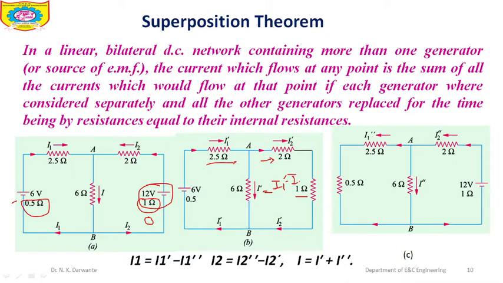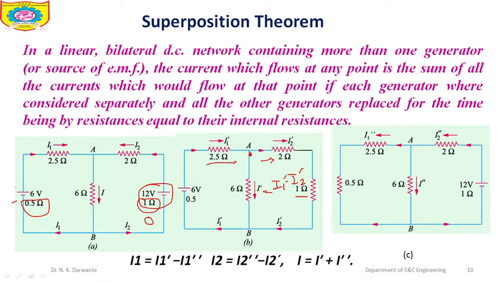This is by using Kirchhoff's current law. Means at this point, incoming current is I1, outgoing current is I2 dash. Therefore, I1 plus I dash is equal to I2 dash. Similarly, once these current values are known to you, now we have to replace the previous EMF, that is the 12 volt.